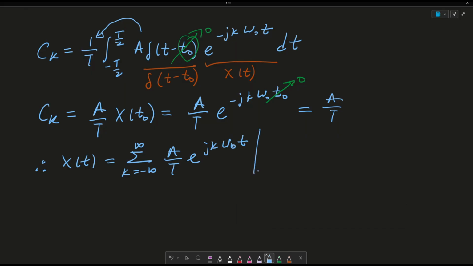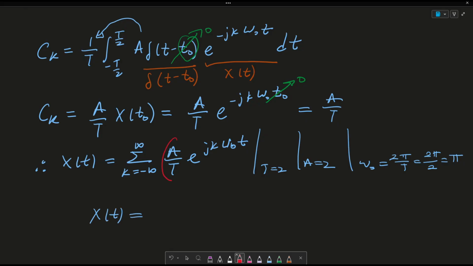If we take then that T is equal to 2 and A is also equal to 2, this means that omega naught is equal to 2 pi over T, or simply 2 pi over 2, or simply just pi. So therefore our final equation will be x of t is equated to, this here is simply just 1.